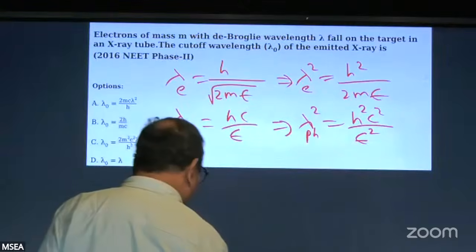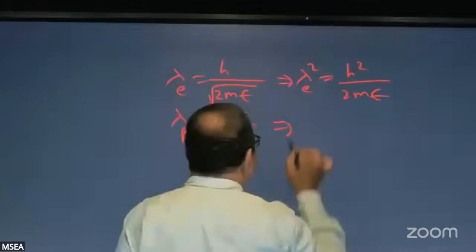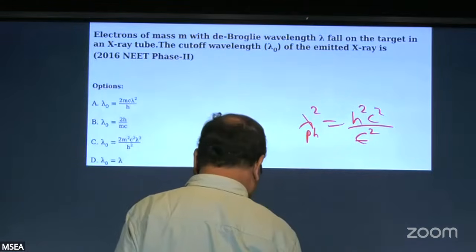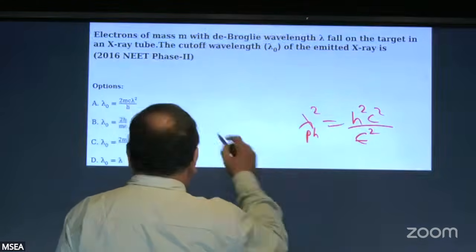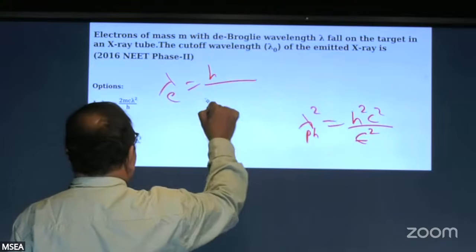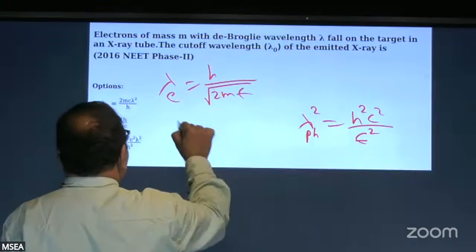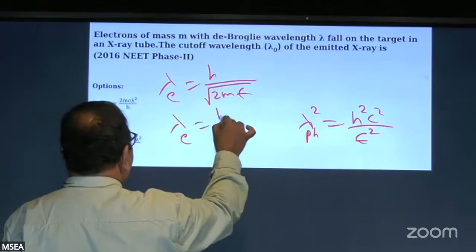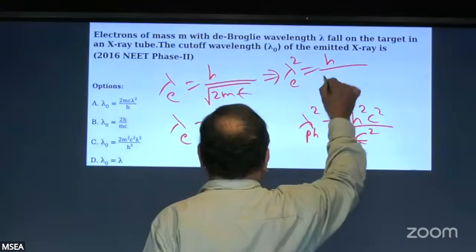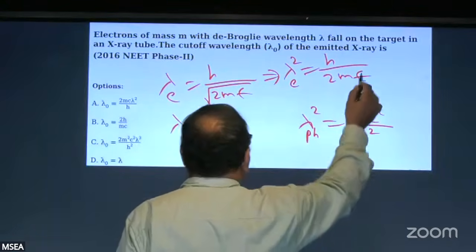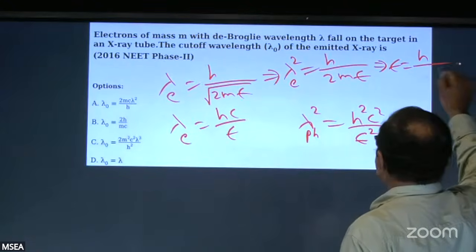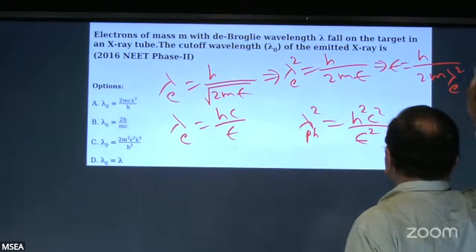Let us take it once again. Lambda of electron is h by root of 2mE, and lambda of photon is equal to hc by E. If you take the square, it should be equal to h square by 2mE, so E can be written as h square by 2m lambda E square.